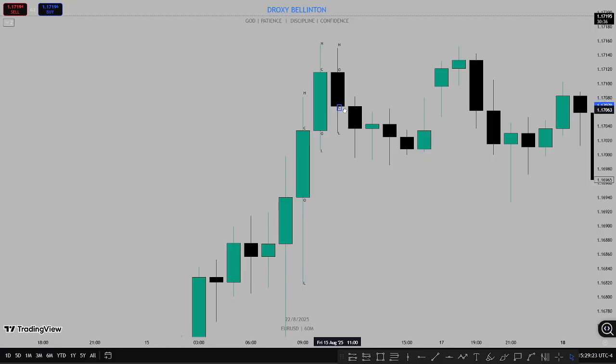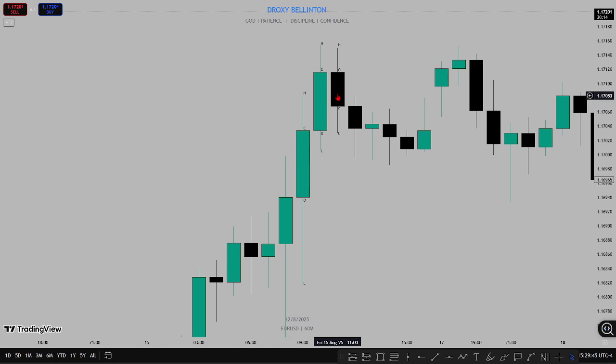So that's the close. You see, this one opened here, went for the low, went for the high, then came to the close. Then where the close was, that was where the next candle opened. Low, high, close. Then where this close was, that's where the bearish candle opened. High, low, close. Do you understand?